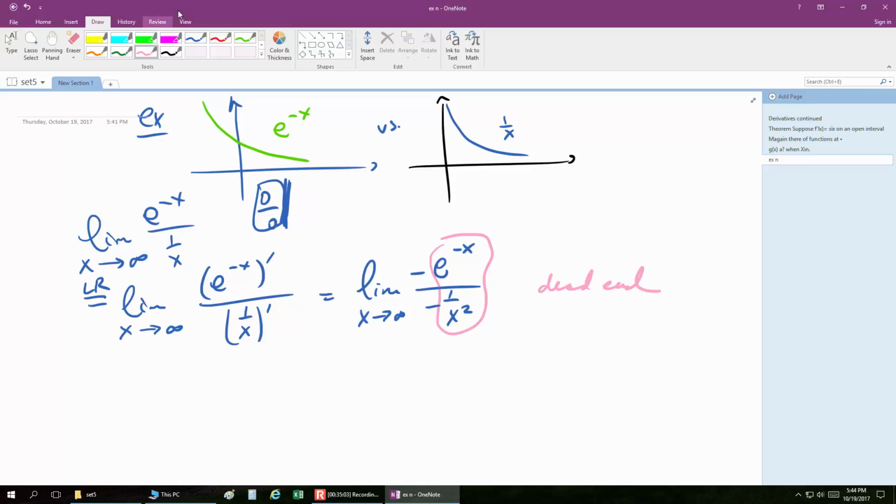So L'Hopital's rule here gives me a dead end, even though under different circumstances it might be better. But here we could try algebra instead. So e negative x over 1 over x. What should I do with 1 over x?